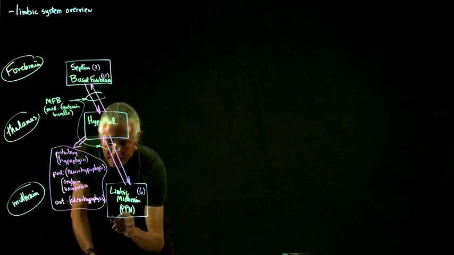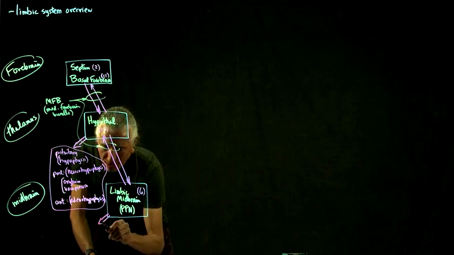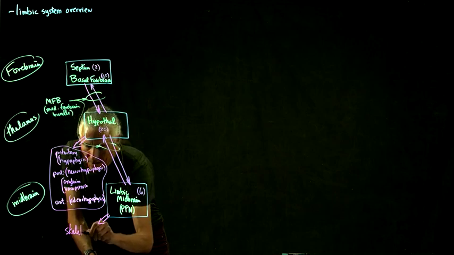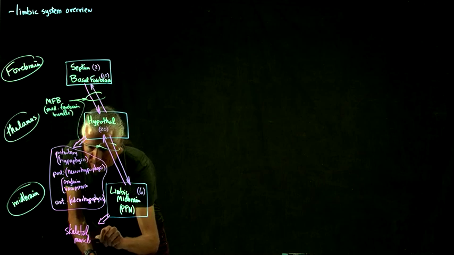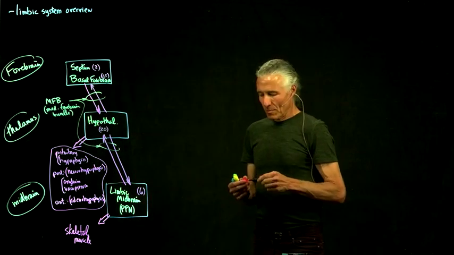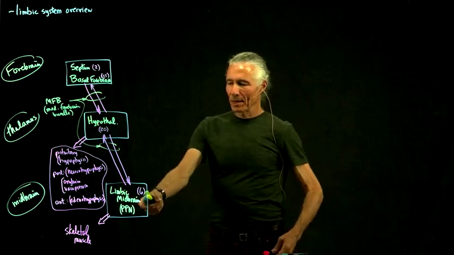Now, these down here, the limbic midbrain, we'll see these guys can actually access skeletal muscle so that they can move the body around like a motor cortex directly without necessarily having to go through motor cortex. So we'll talk about that when we talk about the pedunculopontine nucleus.